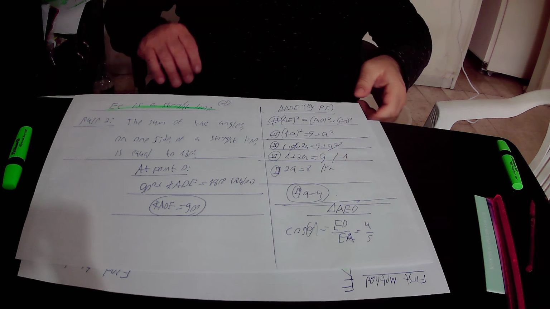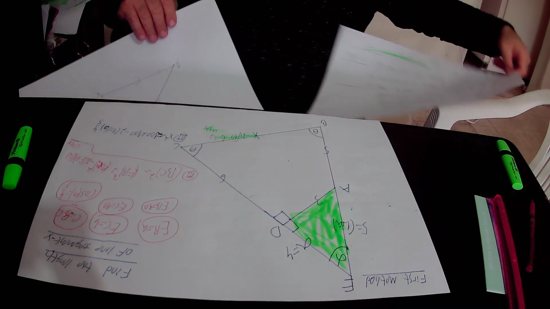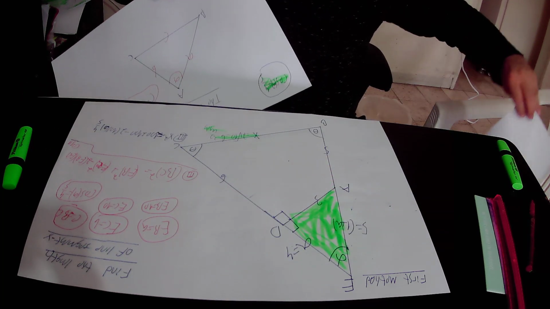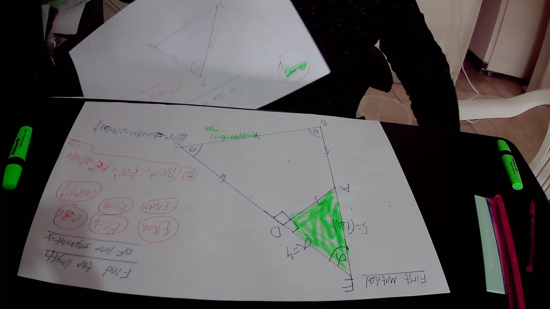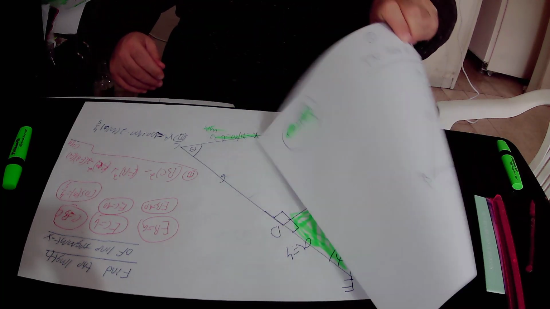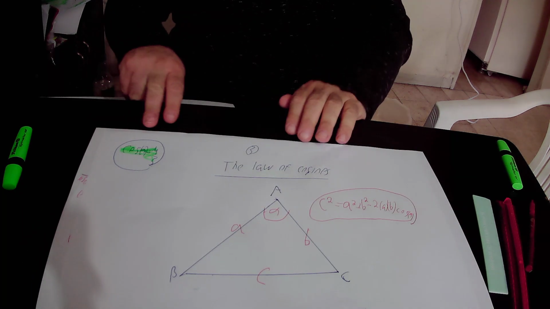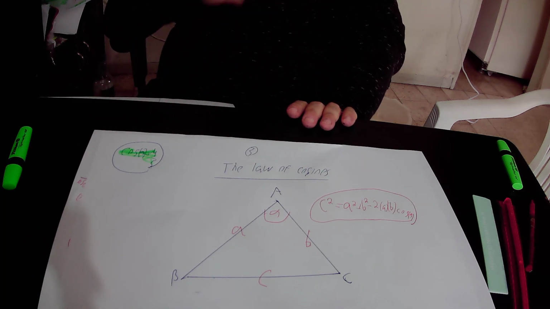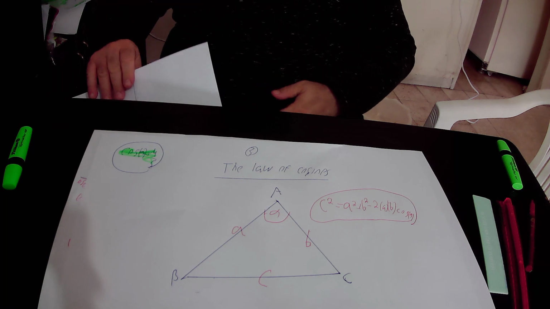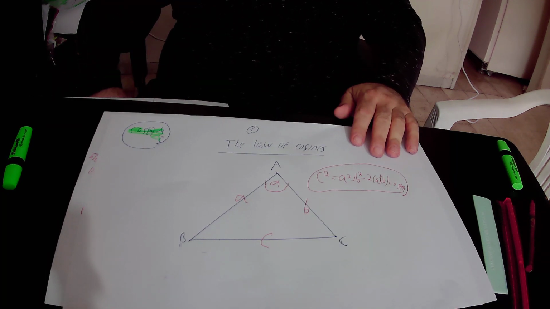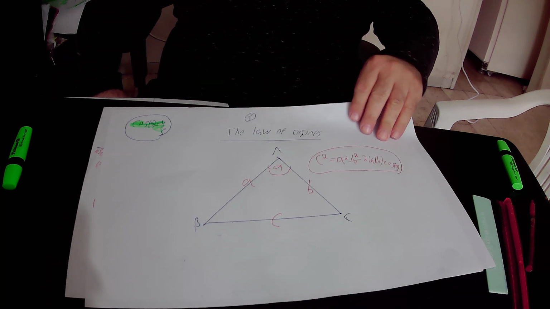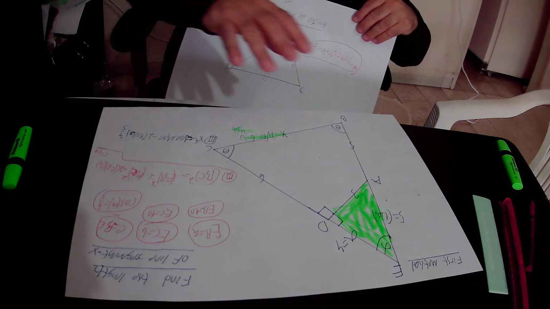So in conclusion, we found that cosine alpha equals 4 over 5. Then I presented to you the law of cosines, and we applied the law of cosines in our triangle EBC.